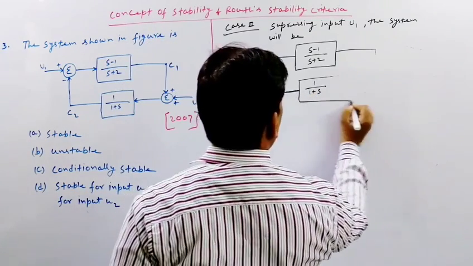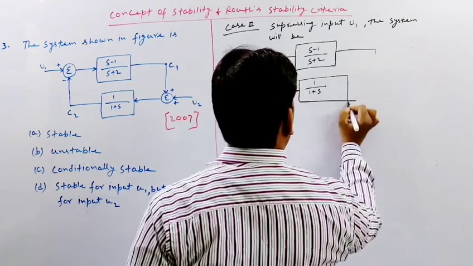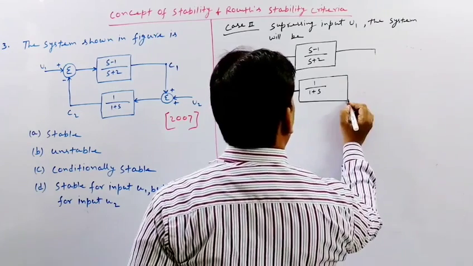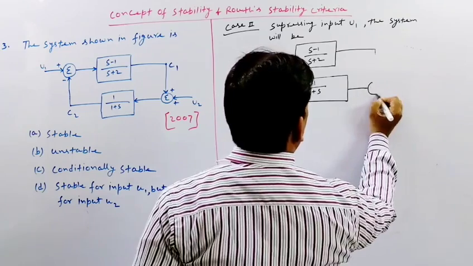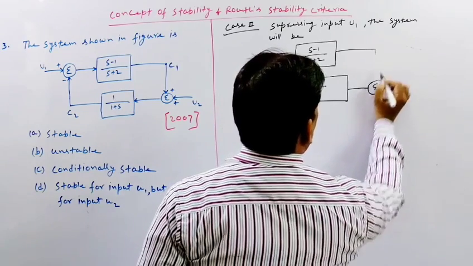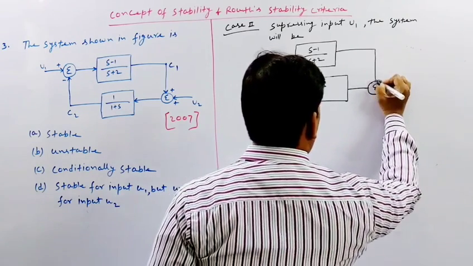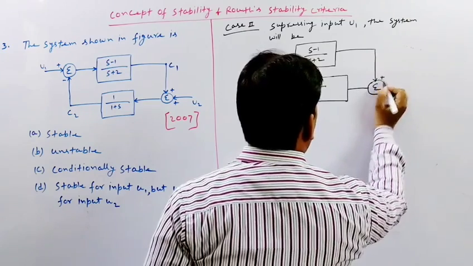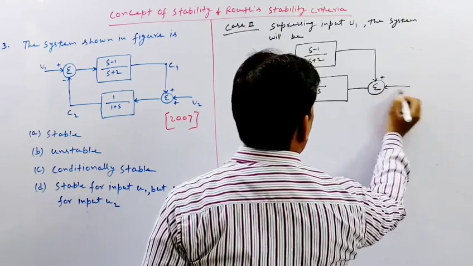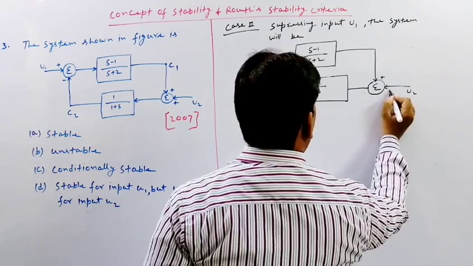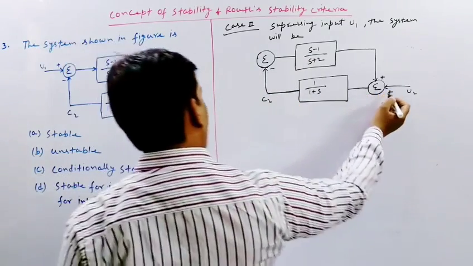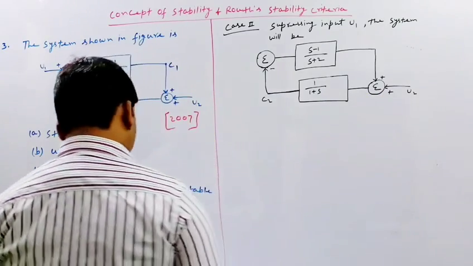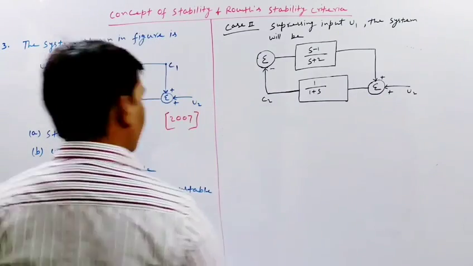Now this is sigma, and here it is plus, again plus. This is u2, this is again plus, so now this is C2.